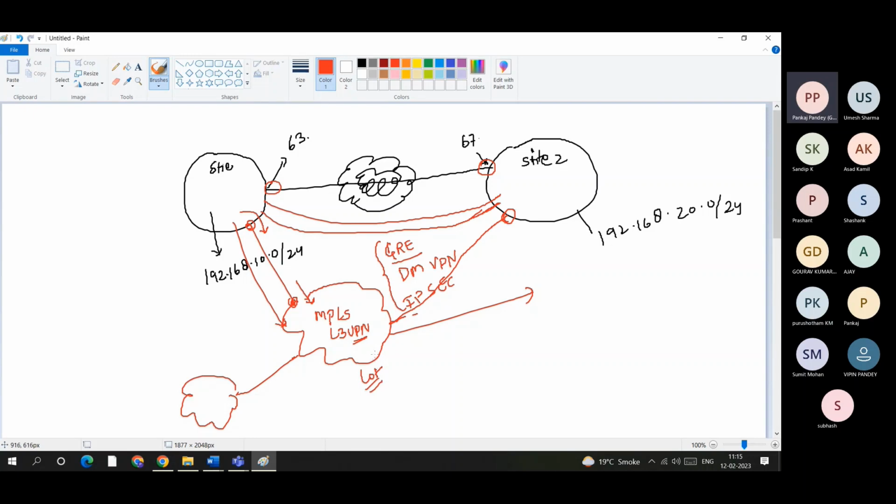The advantage is that you can directly advertise your private subnet, and you don't need any SD-WAN solution to advertise it. In the background, SD-WAN does the same thing: it creates the IPsec tunnel and advertises your private subnet from one side to the other. MPLS does the same thing, but it needs some routing like BGP.